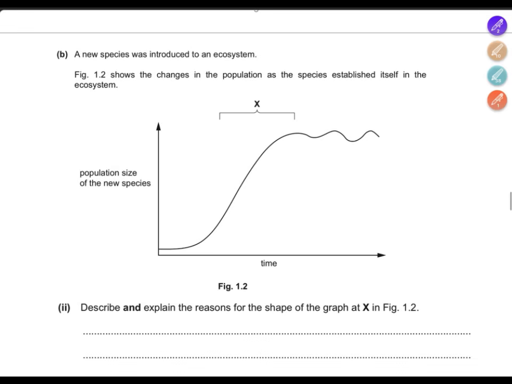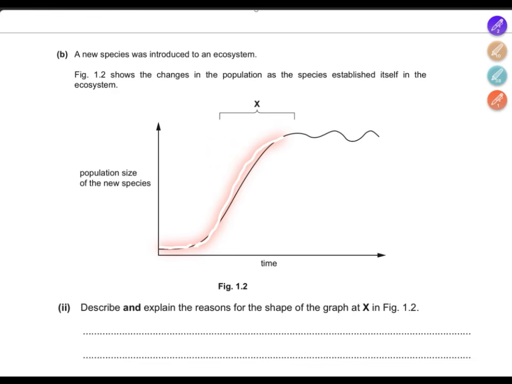Next question. A new species is introduced to an ecosystem. That's a completely different question to the previous one. Figure 1.2 shows the change in the population as the species establishes itself in the ecosystem, the population size of the new species. Okay, so initially the population was very small, and then after some time you can see an exponential growth.